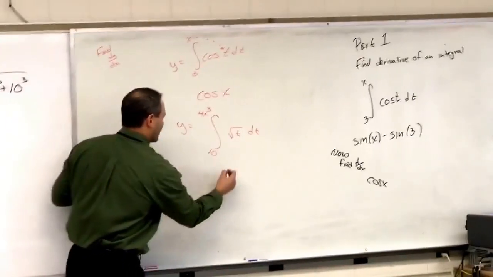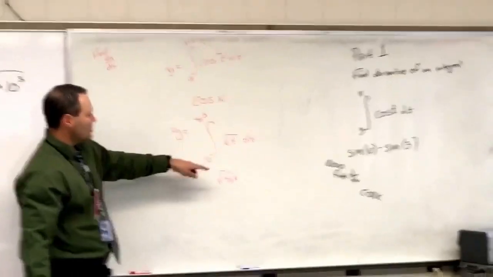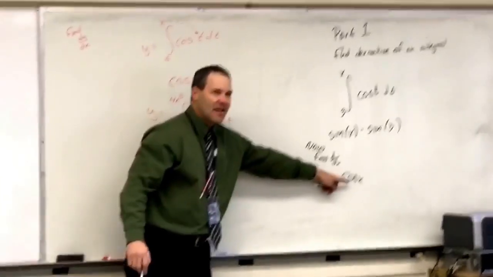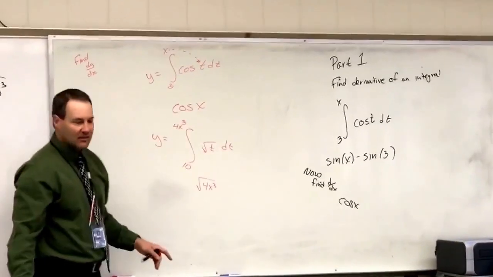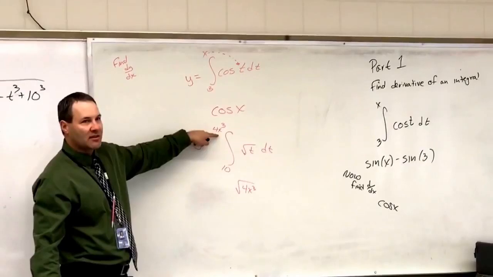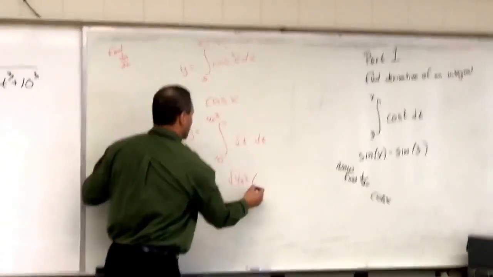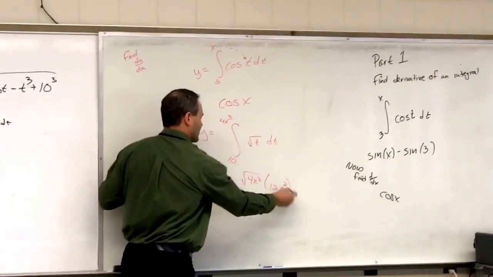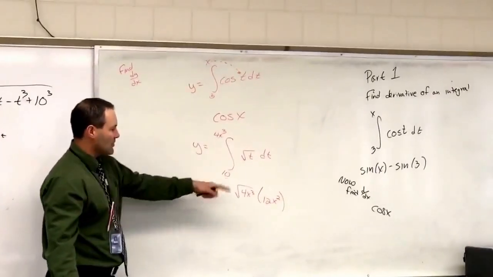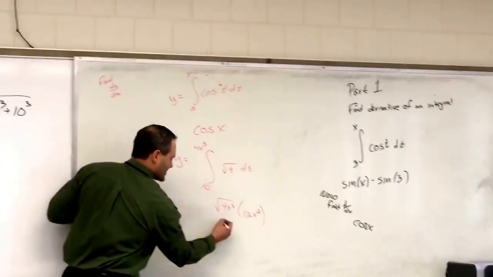So it's the square root of 4x cubed. Notice there's no dt or dx or anything like that, no plus c or anything like that. We just drop it in. But then you have to multiply by the derivative of that because of the chain rule. So we'd be multiplying by 12x squared. And I suppose we could clean that up, combine the x's.